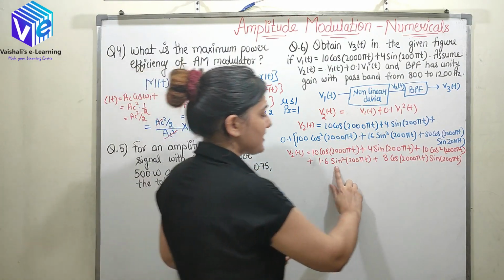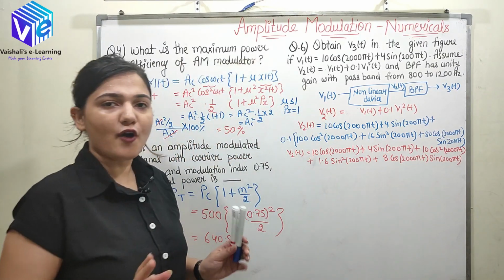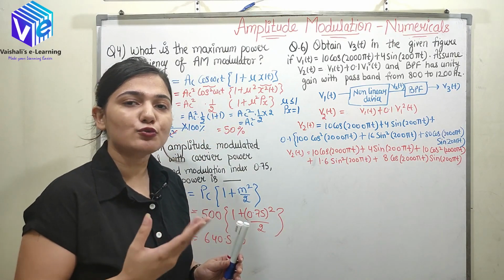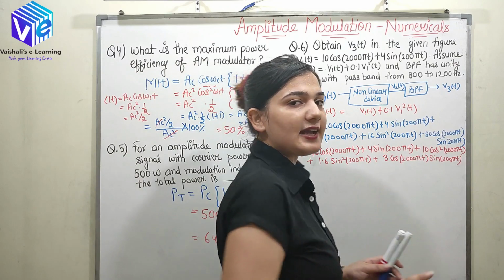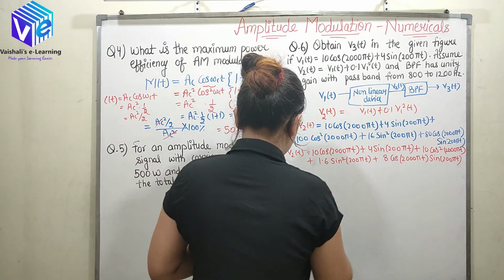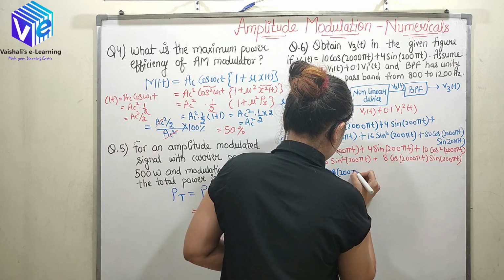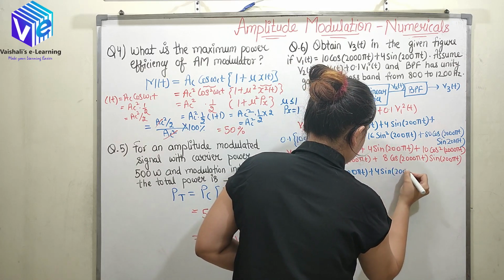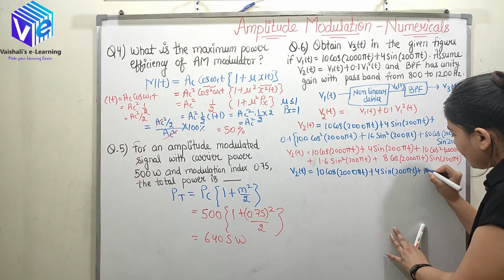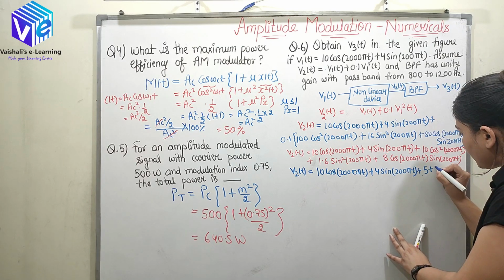But here I have sine square term, cos square term and cos A sin B term. I know the formula of cos square theta: cos square theta can be represented as (1 plus cos 2 theta) upon 2. Similarly, sin square theta can be represented as (1 minus cos 2 theta) upon 2. So let's replace these values. So 10 cos square theta can be represented as 10 upon 2, which is 5, into (1 plus cos 2 theta).